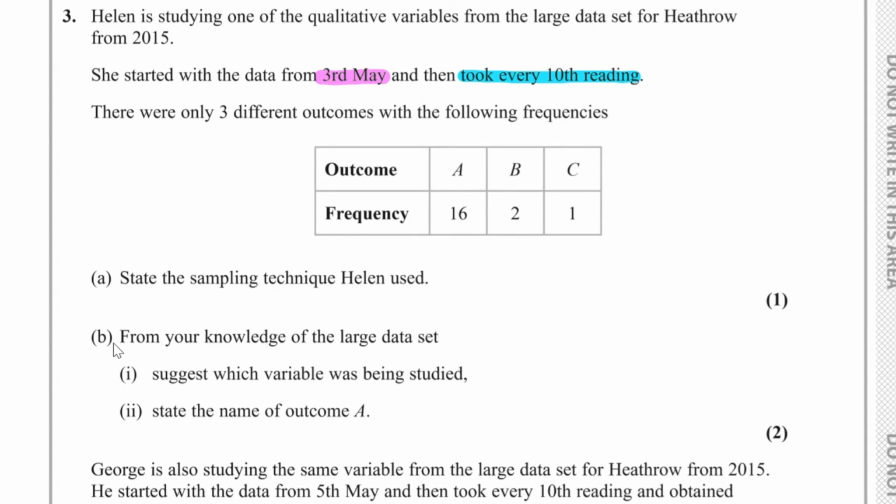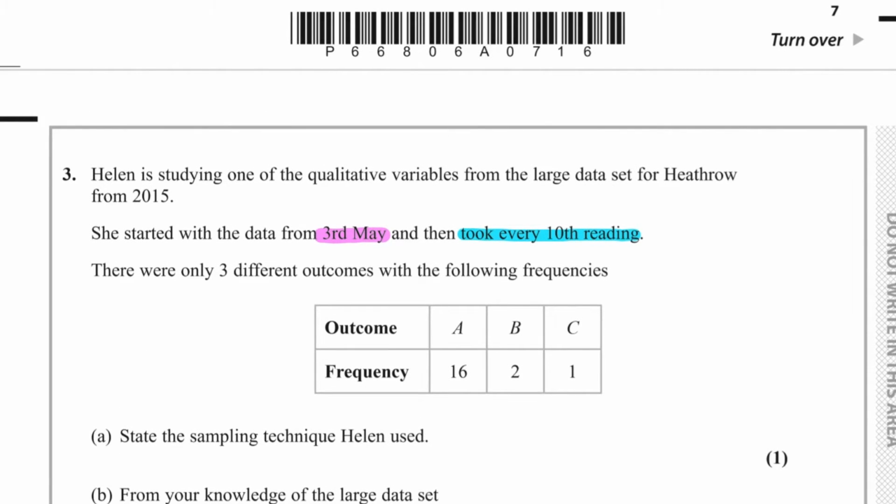Now, for part B, we have to use our knowledge of the large dataset to suggest which variable was being studied and name the outcome of A. Well, let's think about what we've got here. First of all, you can see we've got qualitative variables. What are qualitative variables?